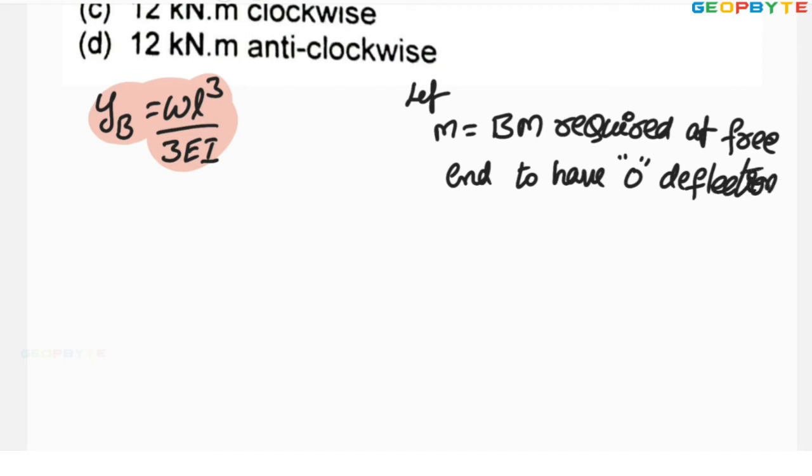Let M be the bending moment required at the free end to have zero deflection.